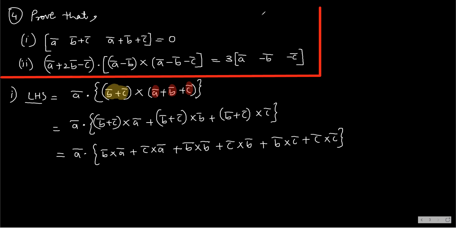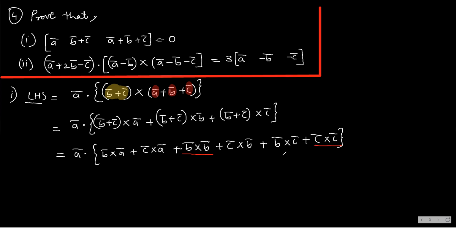Okay. Now in this, I notice, students, that B bar cross B bar and C bar cross C bar will be 0 bar. Why? Because the cross product of a vector with itself is 0 vector. Okay. So here I will have this and this 0 bar.